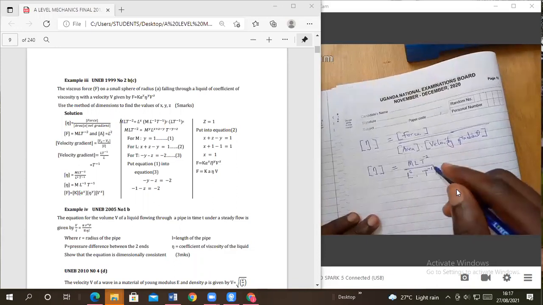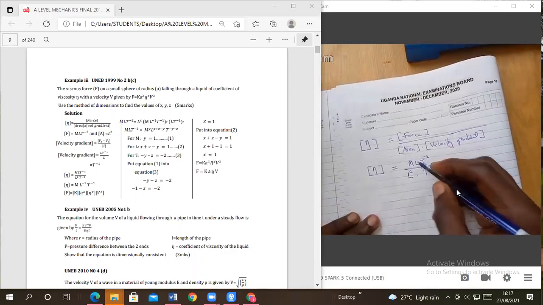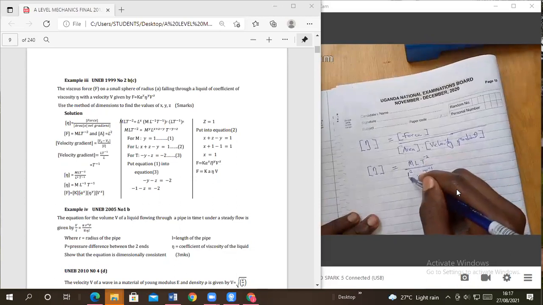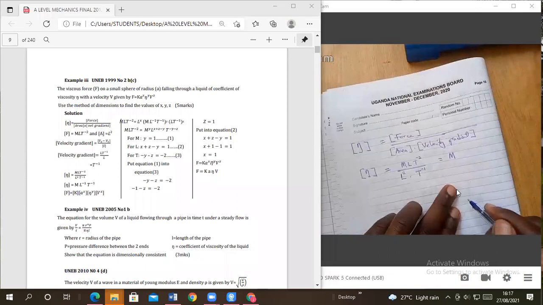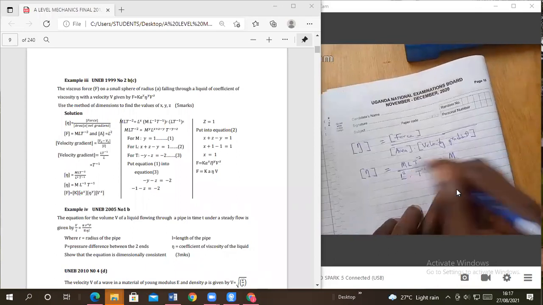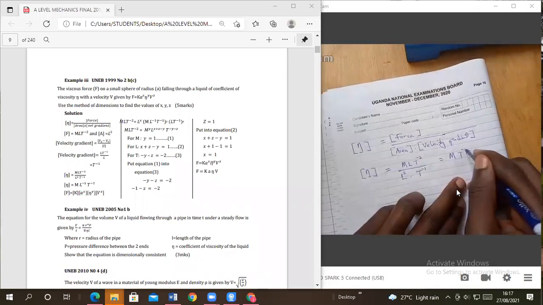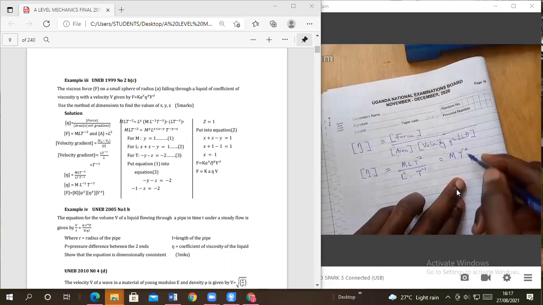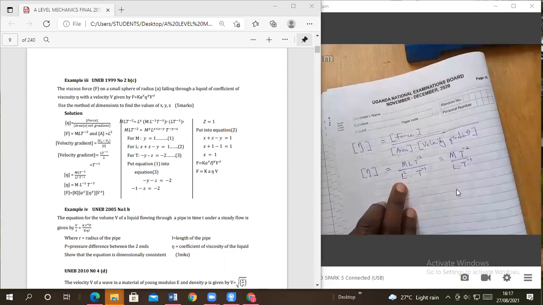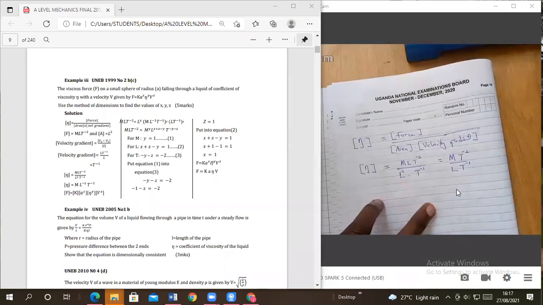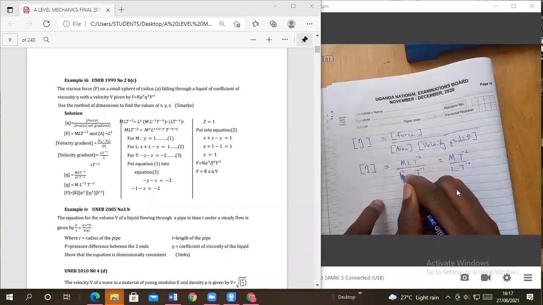Now using our indices, let's simplify this further. This L will reduce this L, and we remain with M, T to the power -2 over L, T to the power -1.